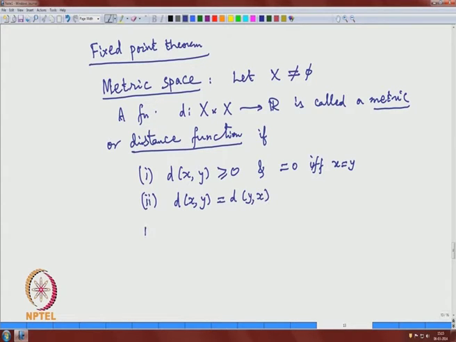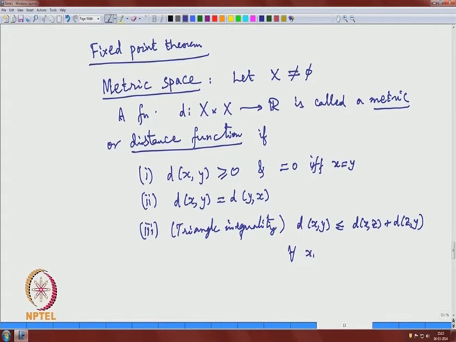And the third one is called the triangle inequality: d(x, y) is less than or equal to d(x, z) plus d(z, y). These three properties should hold for all x, y, z in X.